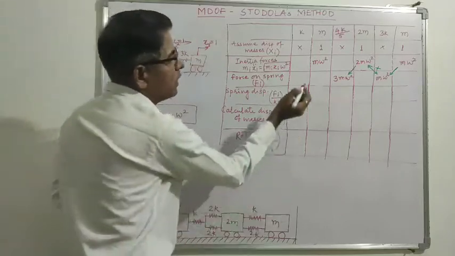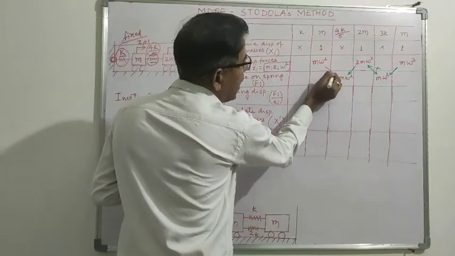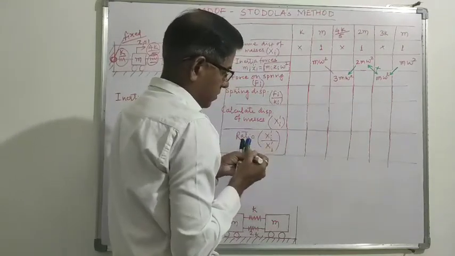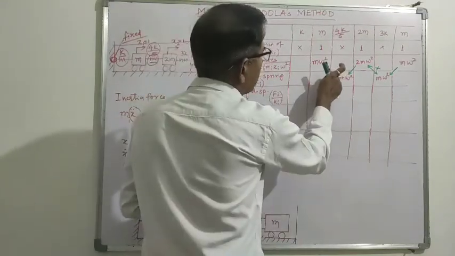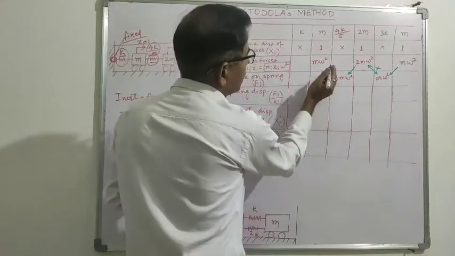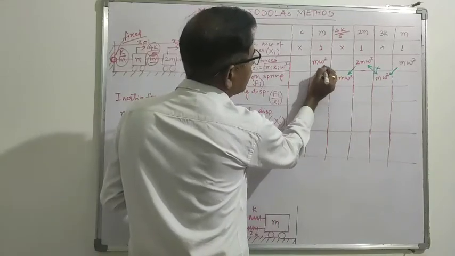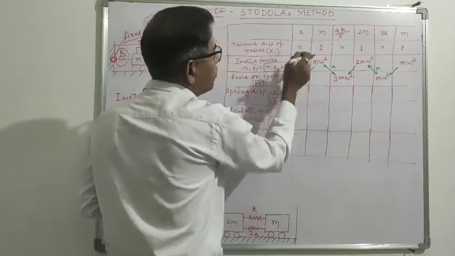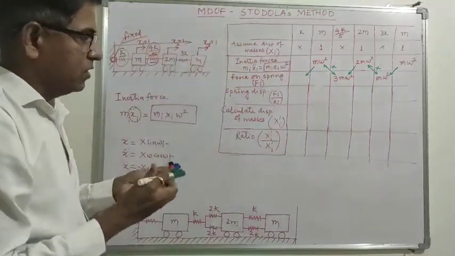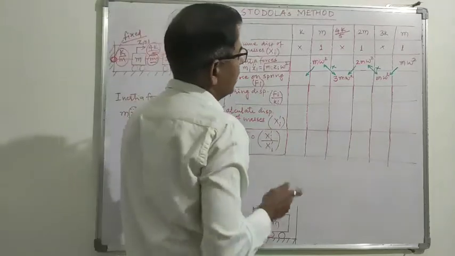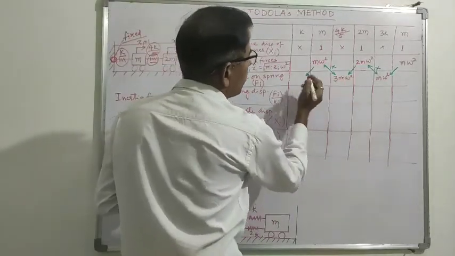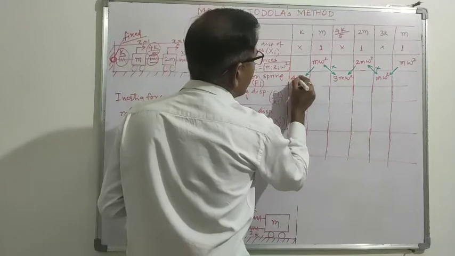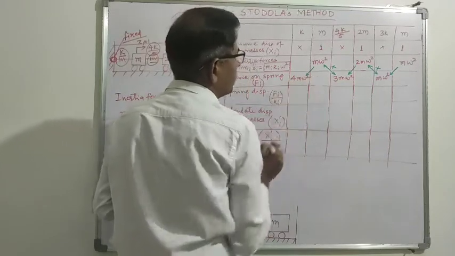So what we will do is add these two values and write it down below k. Here this will be m omega square plus 3m omega square, it becomes 4m omega square.